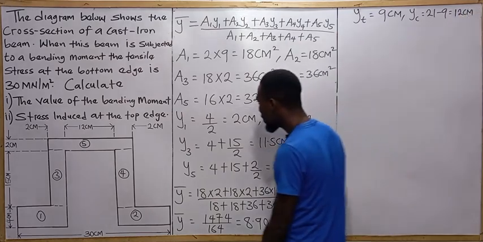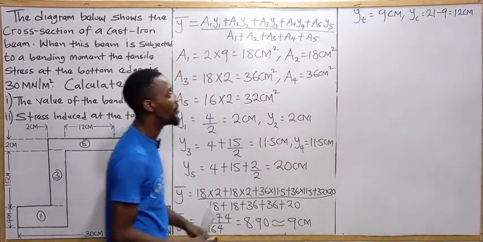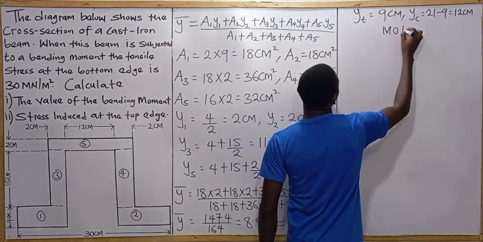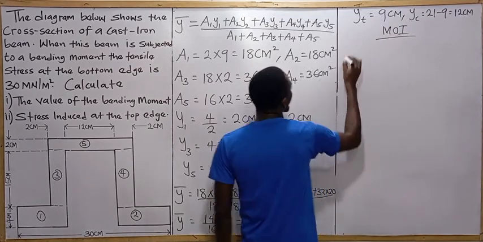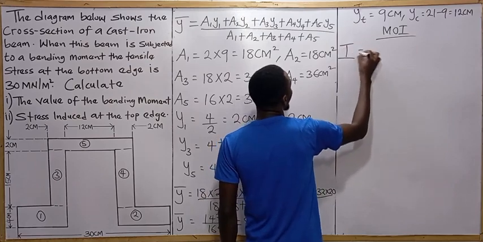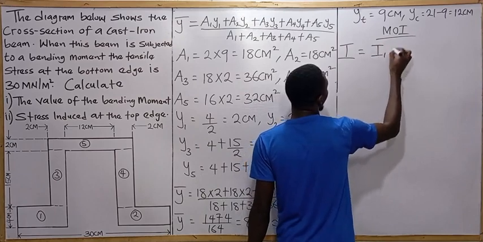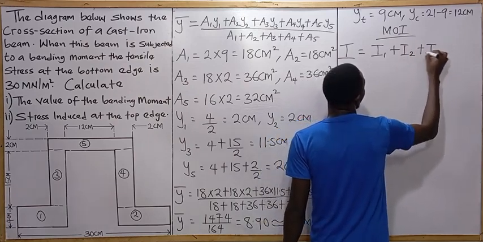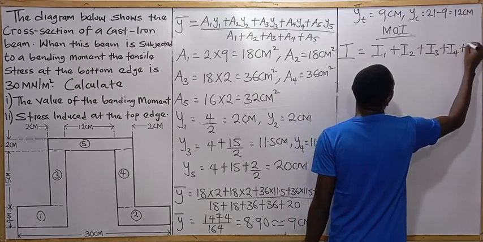All right. So the next thing we are going to work on now is the moment of inertia. So moment of inertia for each of the rectangles about the neutral axis. Here, because we have 5 rectangles, it's going to be I1 plus I2 plus I3 plus I4 plus I5.